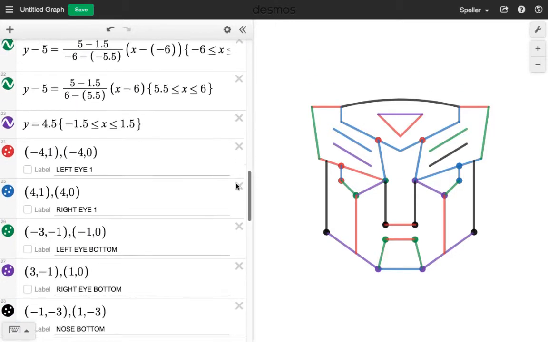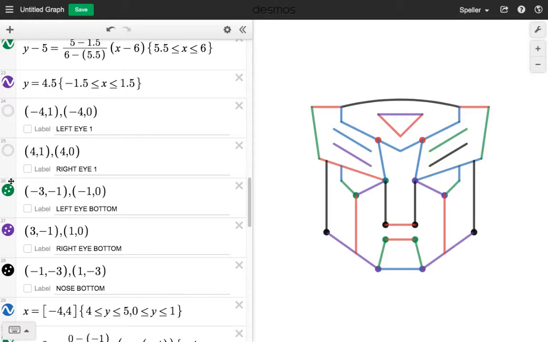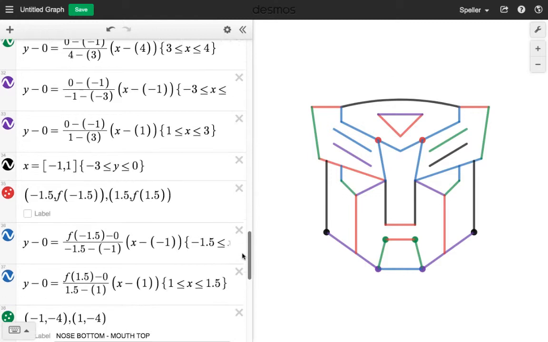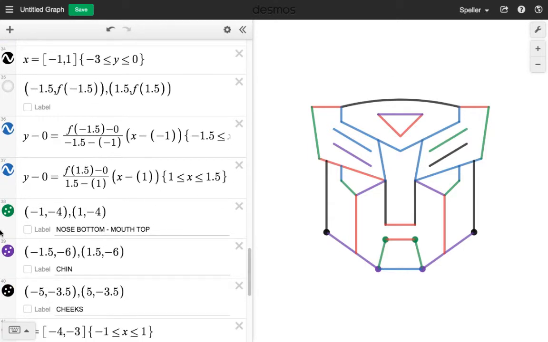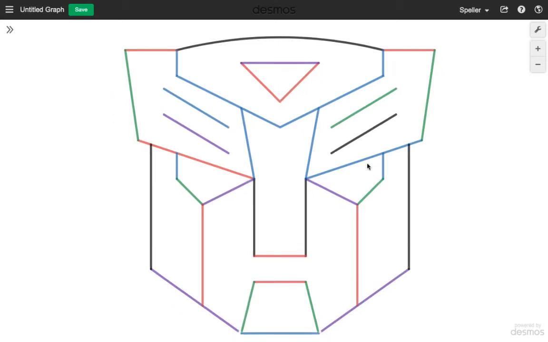Get rid of these dots here, some more, and these last few dots here. Let's slide this over. All right, and here we have it.